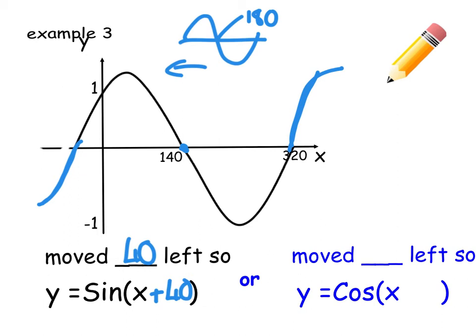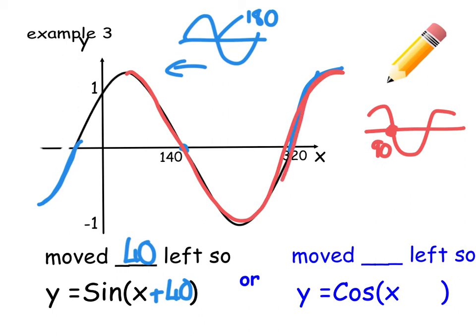Now looking at it from a different perspective, if I look at it as a cos graph, this here should have been 90. Now this is a cos graph I'm looking at here that I'm tracing with a red pen. Hope that makes it more visual for you. So it looks like a cos graph that's gone right.